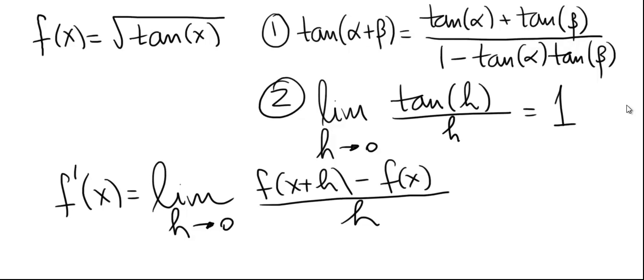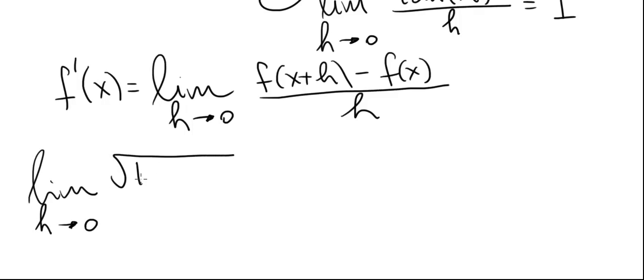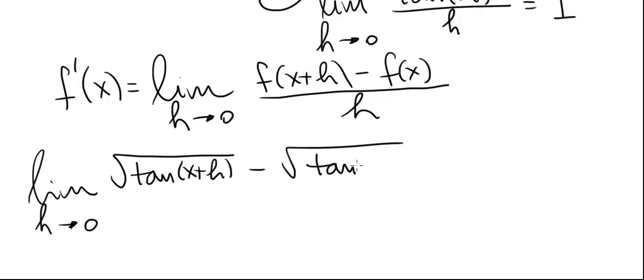And in our case, this will be the limit as h goes to 0 of the square root of tangent of x plus h minus the square root of tangent of x, divided by h.